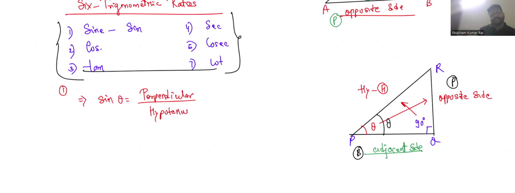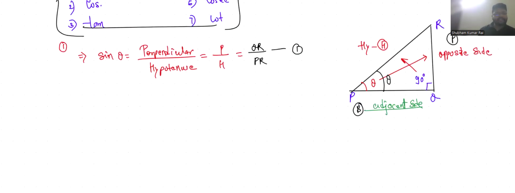That can be written as P upon H. If we substitute the values, the perpendicular is QR, and the hypotenuse is PR. So this is the first trigonometric ratio that we have formed from the right angle triangle with reference angle theta at P, right?